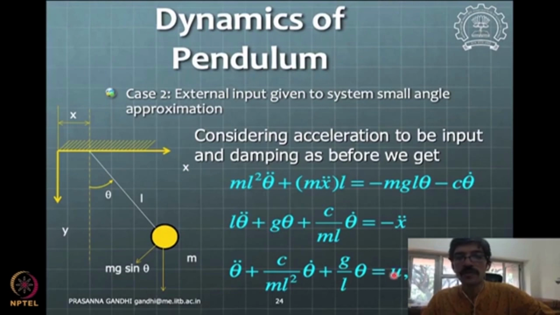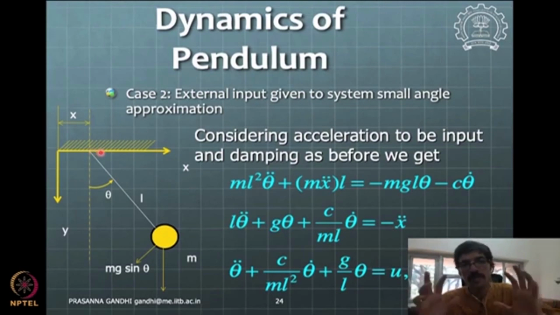So u itself will be a function of time, as we propose some kind of controller which will be a function of this theta, which is in turn a function of time, and then you integrate that twice to get x, and that x is what I'll say, my hinge of the pendulum will be moved along.